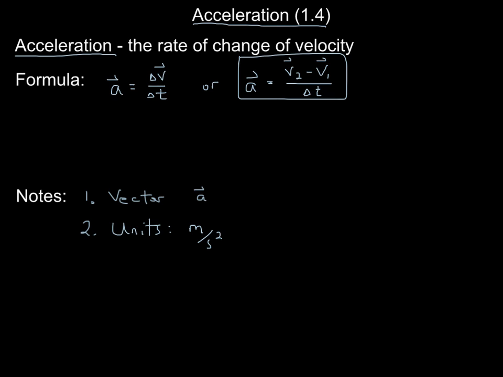Just remember, if I say acceleration is equal to v2 minus v1 over delta t, and I'm thinking just units, on top I've got meters per second, and on the bottom I've got seconds.